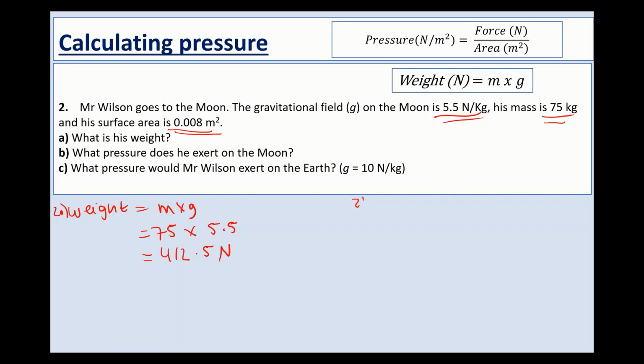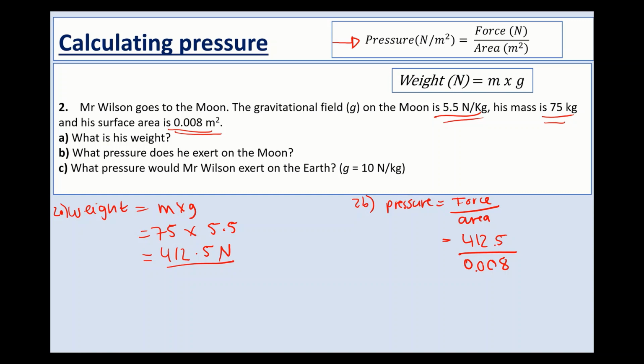So for part B then, we are going to calculate the pressure that Mr. Wilson exerts onto the moon. And to calculate the pressure, we will be using this equation up here, and that is pressure equals force divided by area. And I know the force, which is 412.5 newtons, divided by the area, which is 0.008.